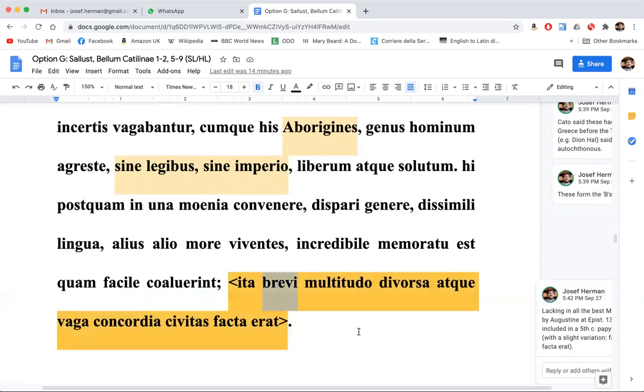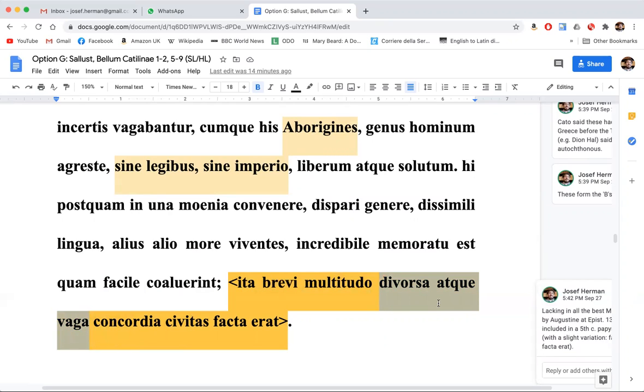Now, brevi here is ablative for time within which. And Sallust is assuming a word like tempore. So brevi here means in a brief time, and ita means such, or something like that. So in such a brief time, a multitudo, that means a crowd or a multitude, divorsa atque vaga, diverse and wandering.